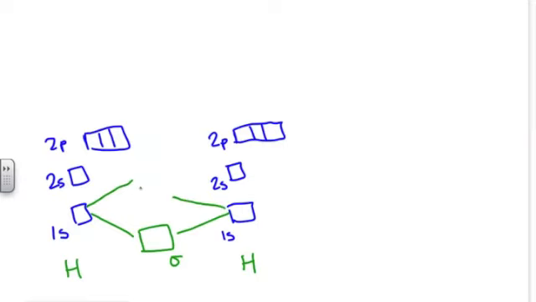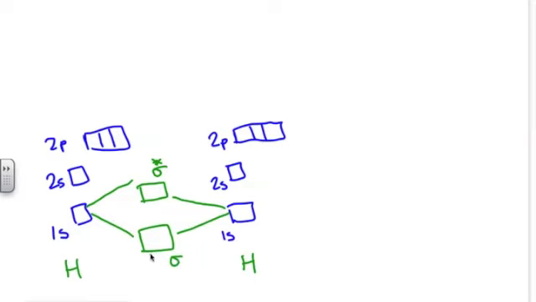I should make sure the bonding orbital is lower than our 2s's, and the anti-bonding orbital is higher than those. Notice there's a sigma, plain old sigma, and a sigma star. Sigma is our bonding orbital, and the sigma star is our anti-bonding orbital.